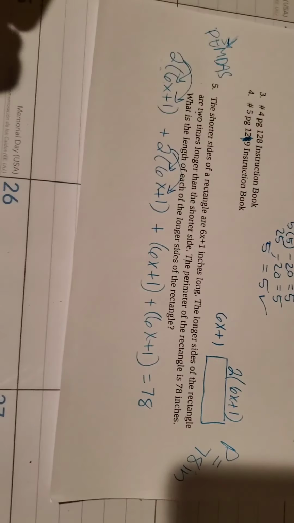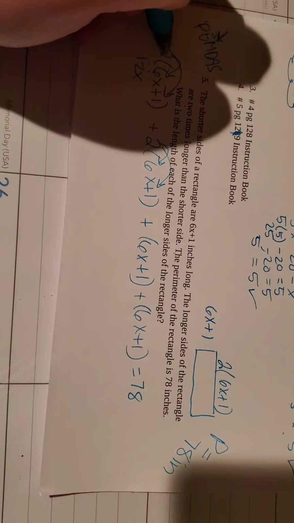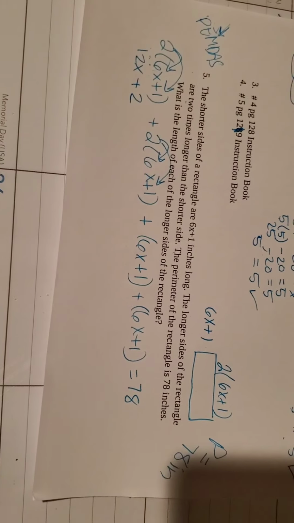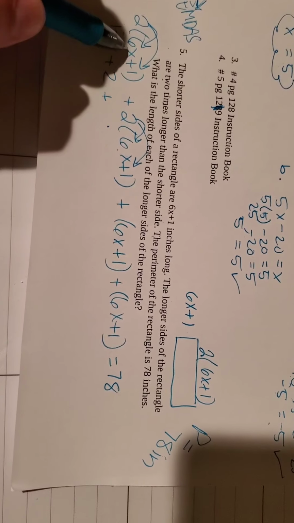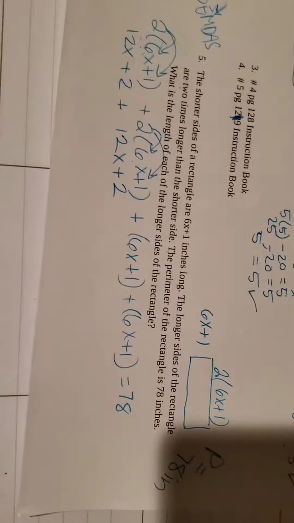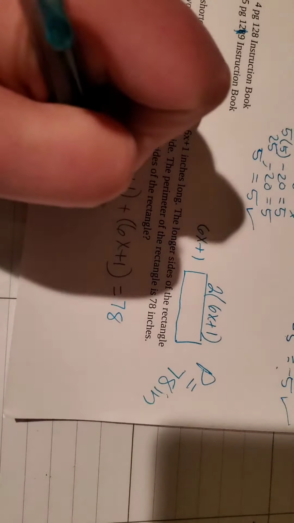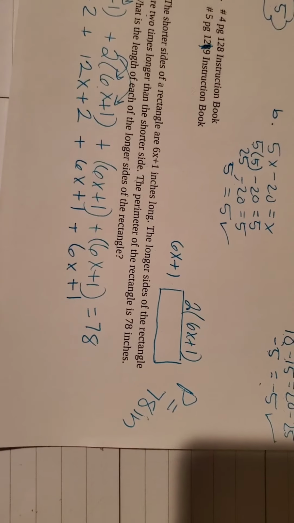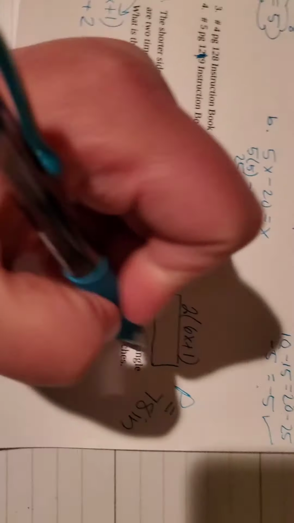So 2 times 6x is 12x and 2 times 1 is 2. Same thing's going to come out on this because this was the exact same as that. So I'm going to have 12x plus 2. And then I can bring down the other pieces of information. And I don't need the parentheses anymore because we're just adding all the way across. You guys see that? 12x plus 2, plus 12x plus 2, plus 6x plus 1, plus 6x plus 1. And then I'm going to bring down my equals 78. Okay?